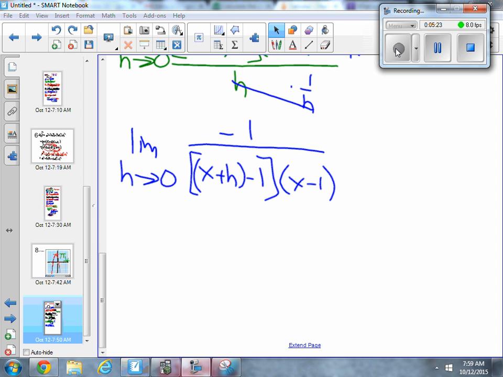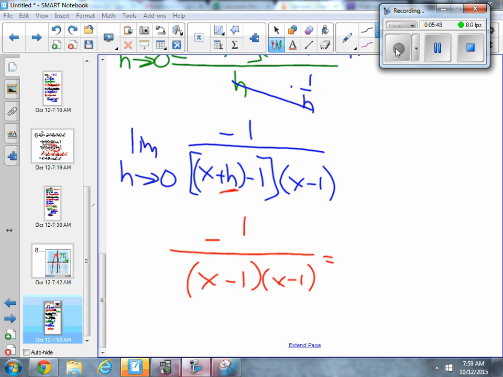Well, as h approaches 0, let's just solve it here. That's going to give me -1 divided by x minus 1, because h is approaching 0, times x minus 1. So that is equal to -1 divided by x minus 1 squared.